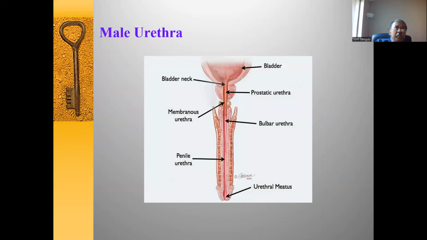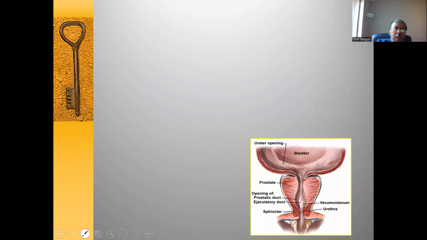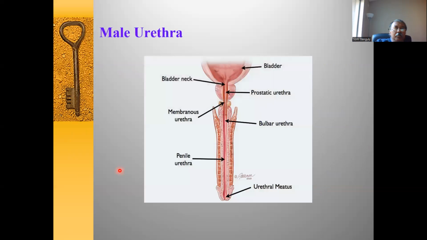Now here we can see the male urethra: bladder, prostatic juncture, prostate and prostatic urethra. Then we have this membranous bulbar urethra, which continues through the penile urethra to the urethral meatus at the glans.